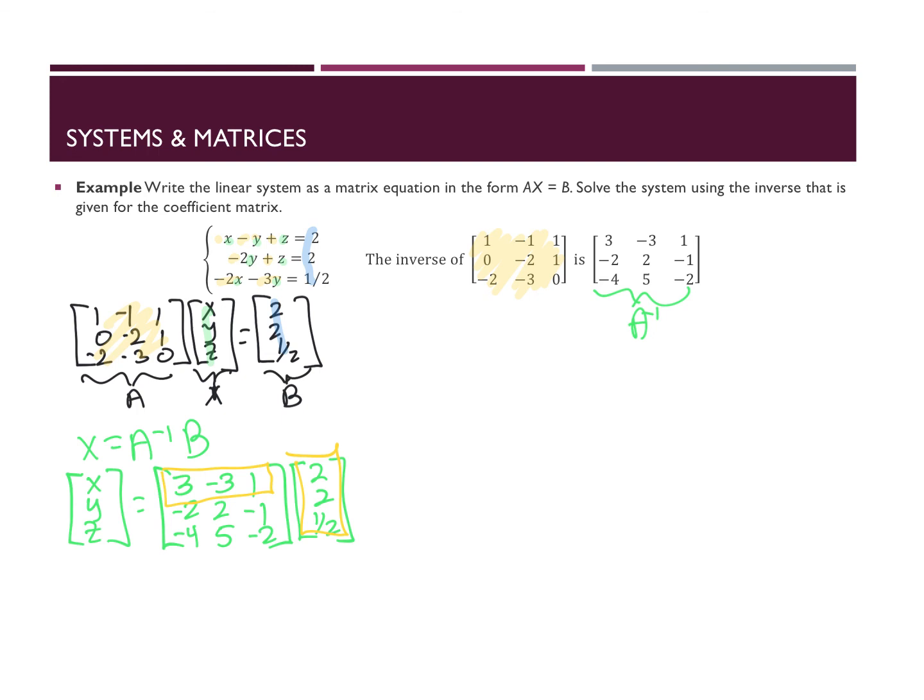And here we go. So for XYZ, we will have 3 times 2, which is 6, minus 6, plus 1/2.